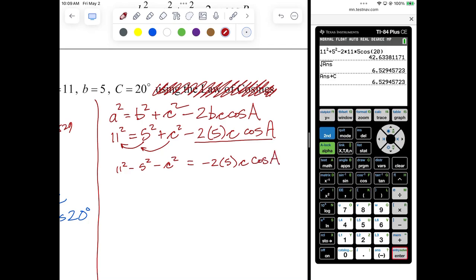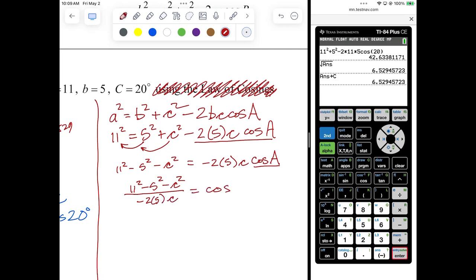Now that I've got the cosine term isolated, I need to solve for cosine of A. So I need to divide both sides by negative 2 times 5 times c. So this becomes 11 squared minus 5 squared minus c squared all over the coefficient of cosine of A, which is negative 2 times 5 times c.